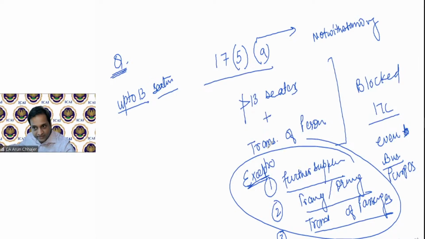I am Big Basket, purchasing a motor vehicle up to 13-seater for transportation of my goods. You are the customer giving the order, and my company is delivering. For making the delivery, they are purchasing the motor vehicle. My question to all of you: will I be eligible to take the ITC or not?